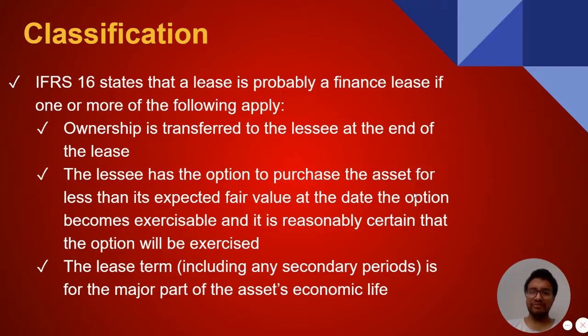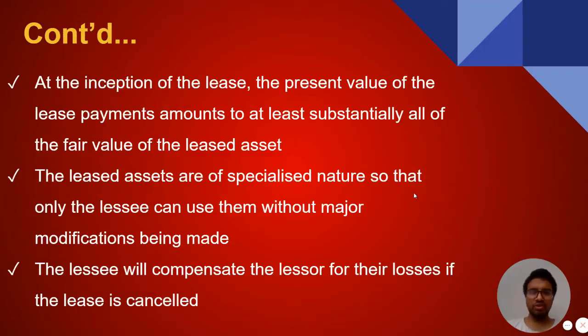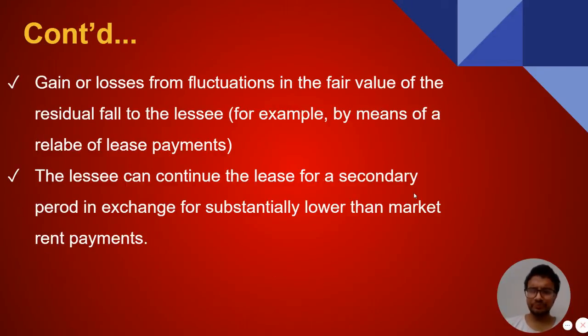So basically what do we have? The ownership is transferred. Next is the option to purchase, right? The third thing is the lease term is for the major part of the asset's economic life. Fourth is if the present value of lease payments is substantial relative to the fair value of the asset. Fifth, if the asset is of a specialized nature. Then your sixth point will be the lessee compensating for the lessor's losses if there is a termination of the lease.